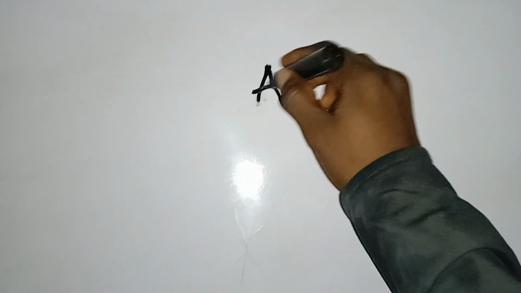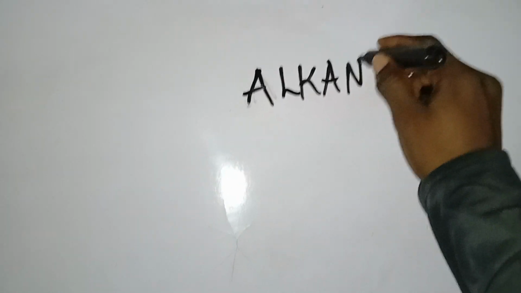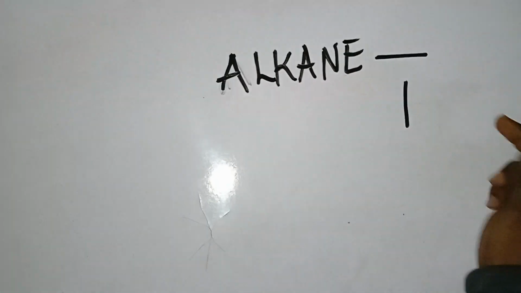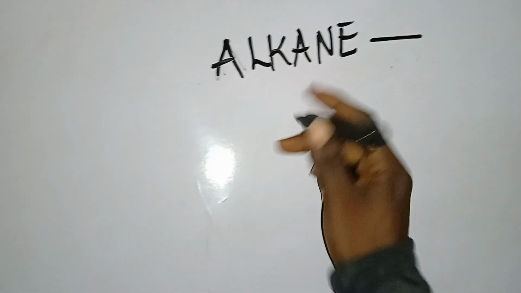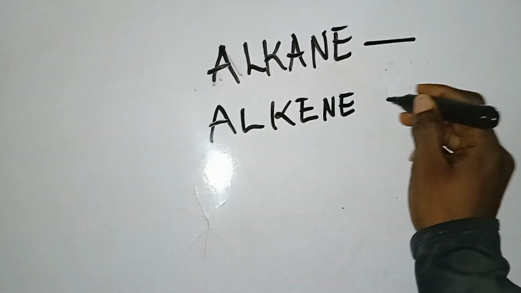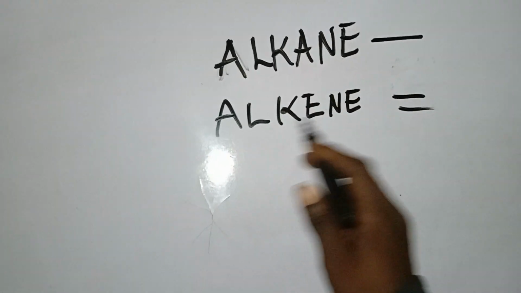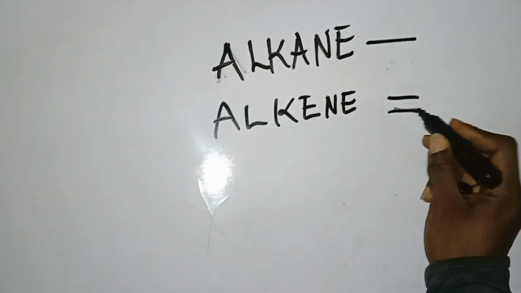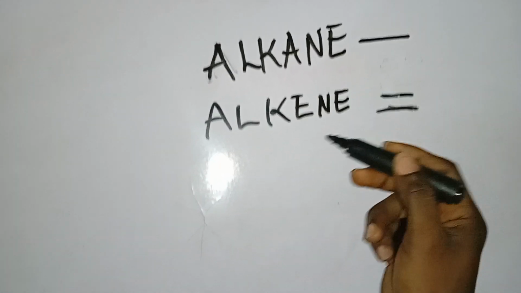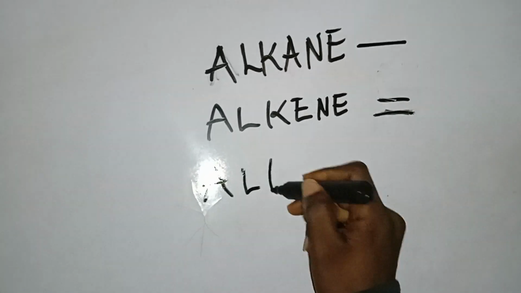So first, we know that there's something called alkane. Alkane simply means straight chain. Now, there's another one called alkene. This means double bond. When we hear alkene, you know it means double bond. When we hear alkane, you know it means single bond. Then there's another one called alkyne.